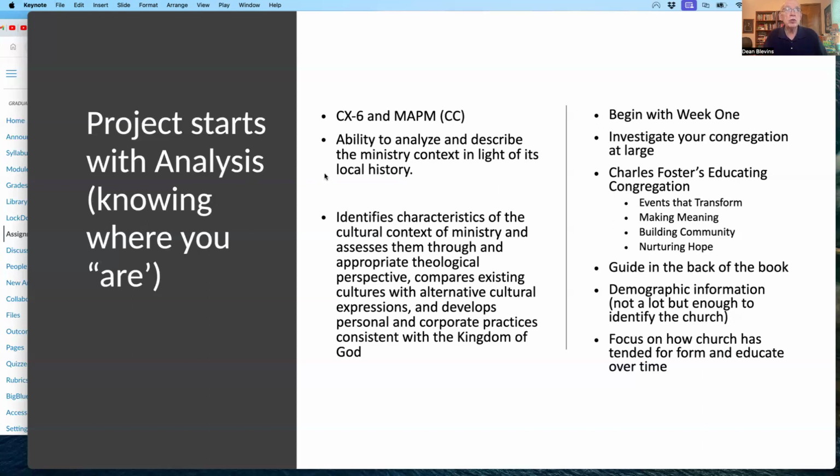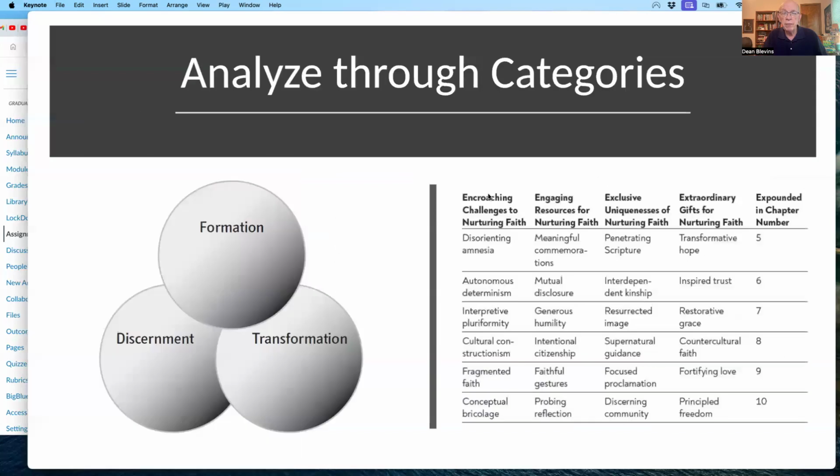Foster's categories work to do that, but if those have not been helpful, then you also have the 3 categories that come out of Discovery Discipleship: formation, transformation, and discernment. Or you've got the 6 categories in Edie's book. At times, Edie and Lamport's book looks a little bit daunting.